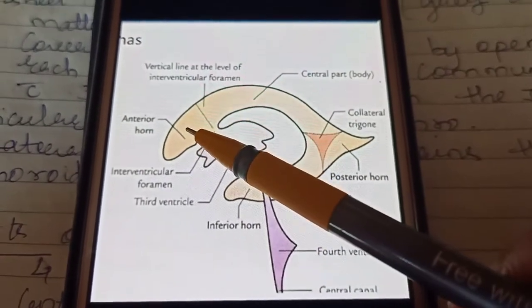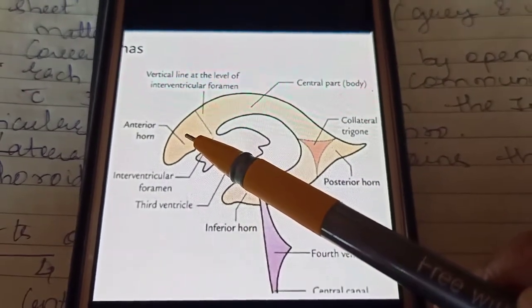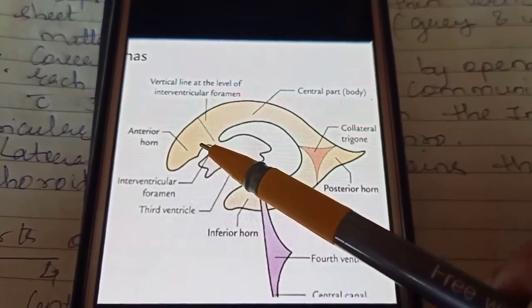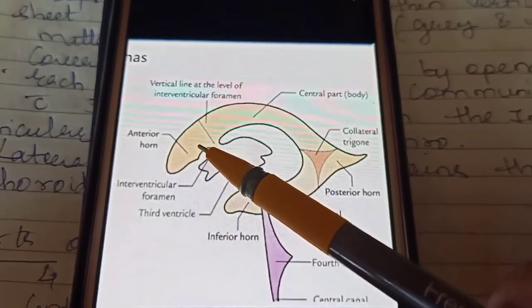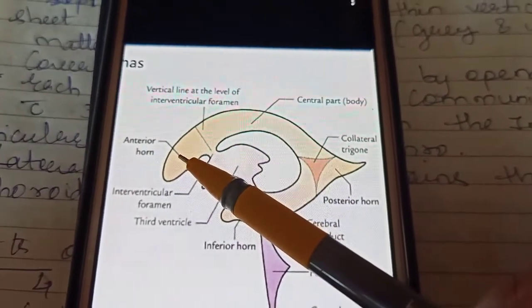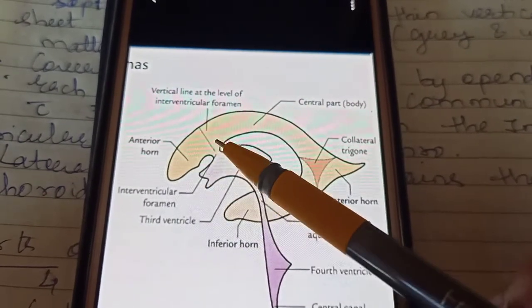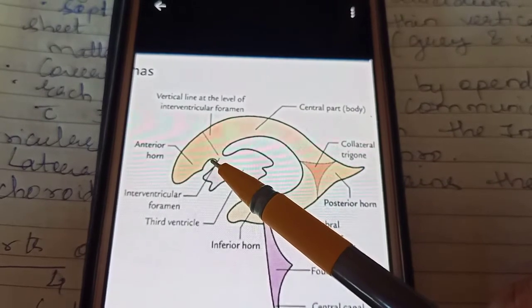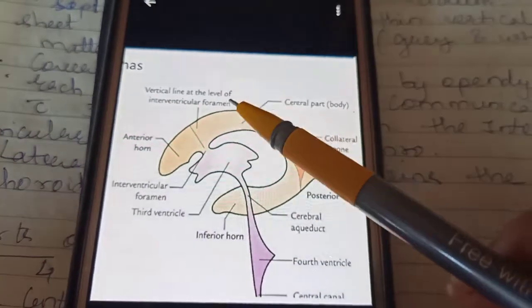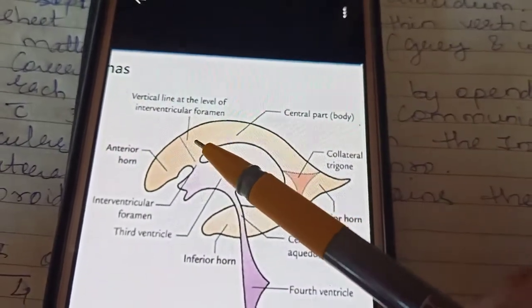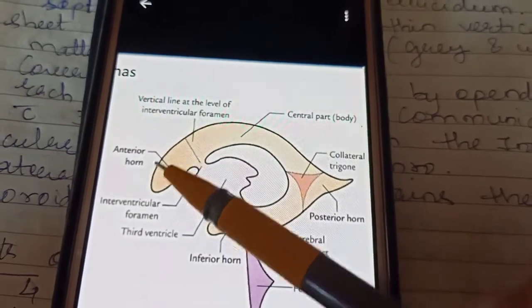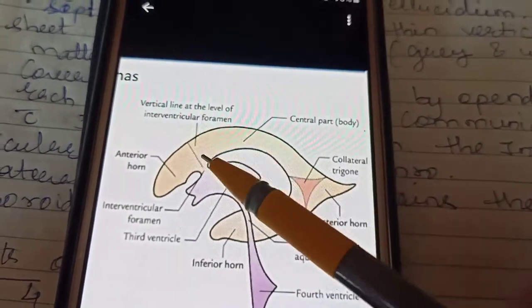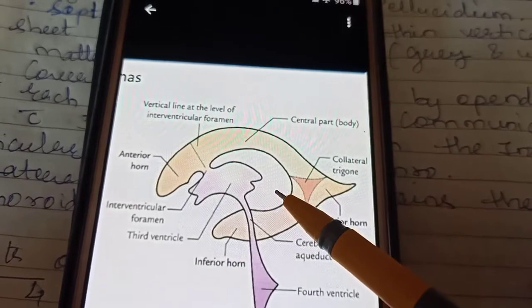The anterior horn of the lateral ventricle is present in the frontal lobe. It extends from the interventricular foramen to the posterior surface of the genu of the corpus callosum. Now, you know anteriorly is the genu of the corpus callosum and posteriorly is the splenium.